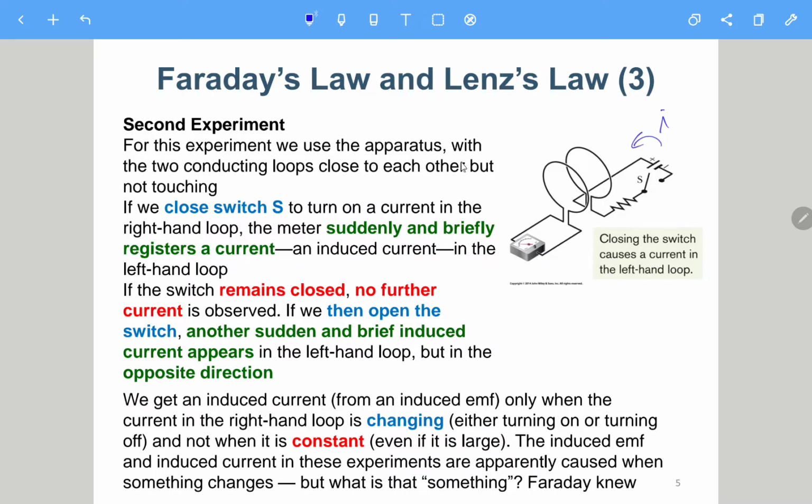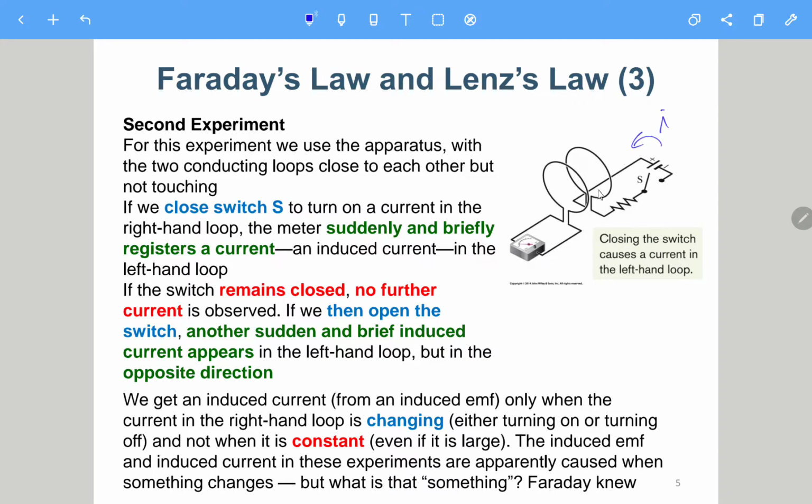But of course, if it is open, then there will be no current because the current cannot go through this part. So for this experiment, we use the apparatus with 2 conducting loops close to each other, but not touching.